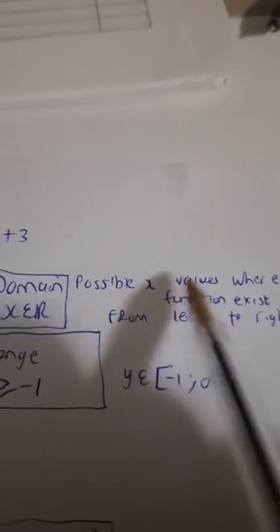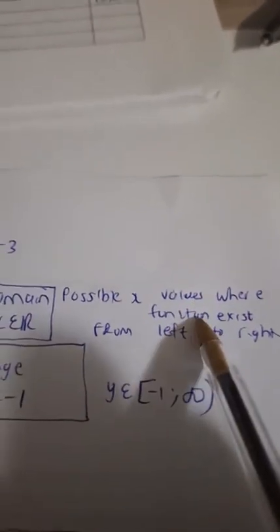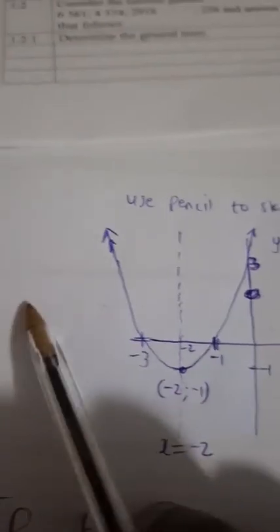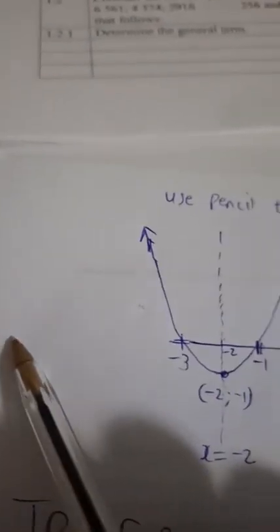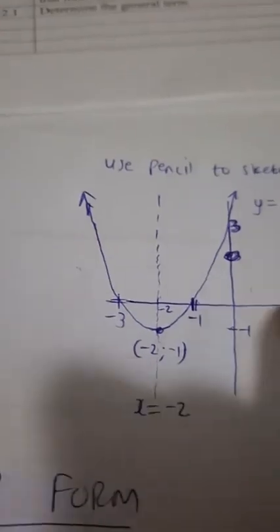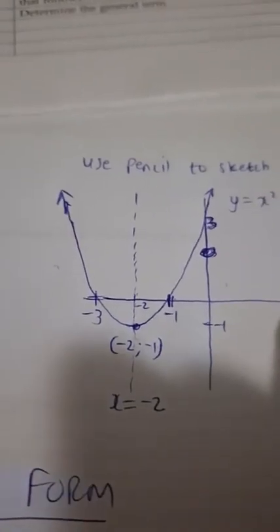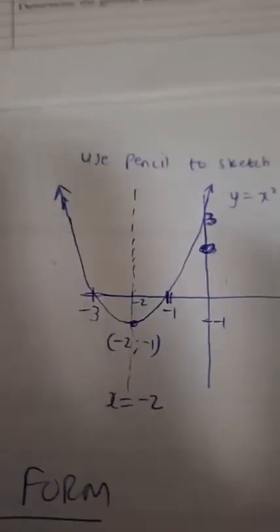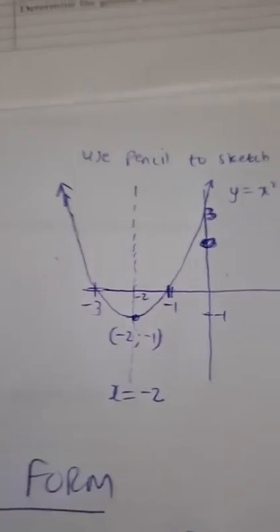So that's what our domain is: the x values where the function exists. When we look at x values, we always look from the left, our most negative values, to the right, our most positive x values. So the function exists everywhere for our x values. I hope that's clear for you, Libo, for our domain.